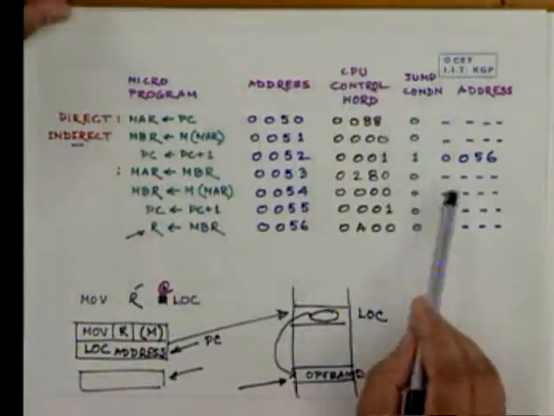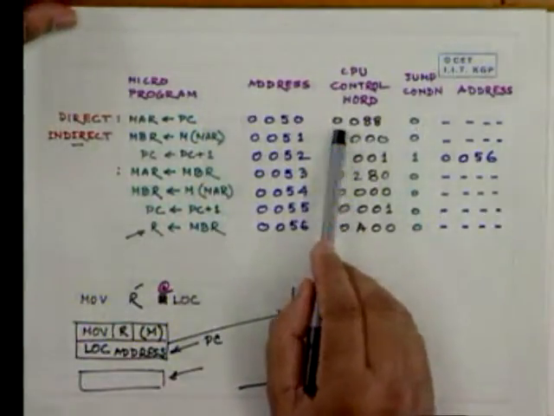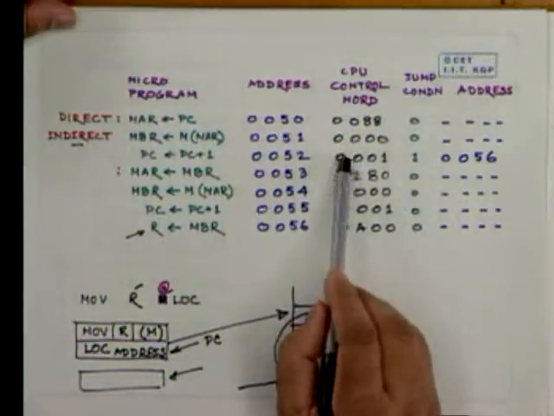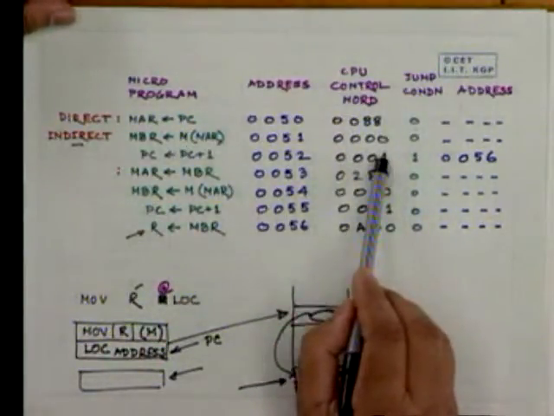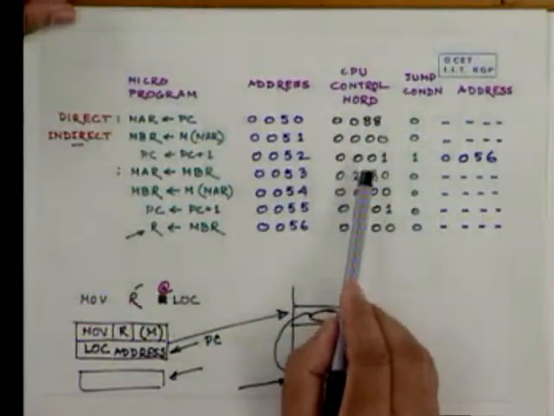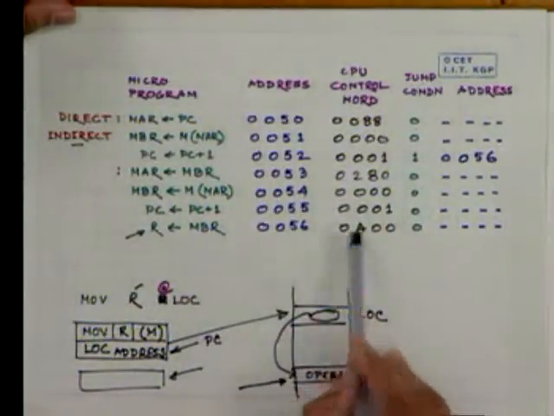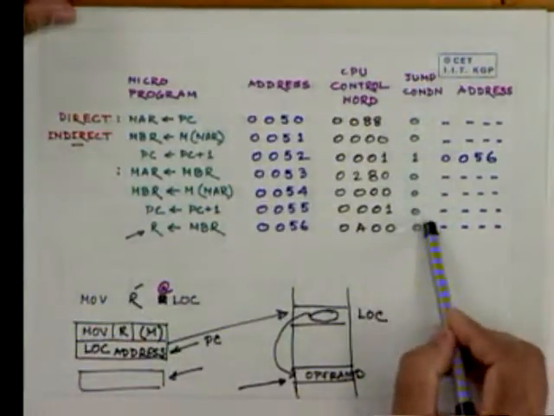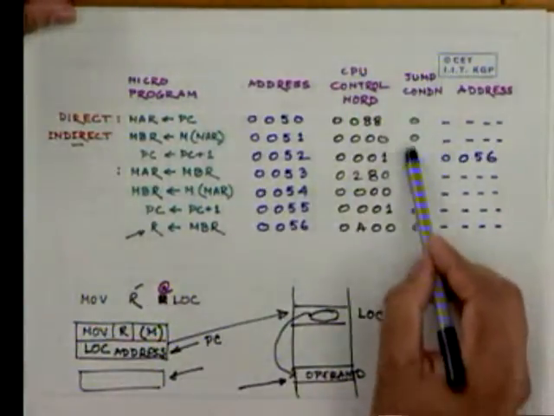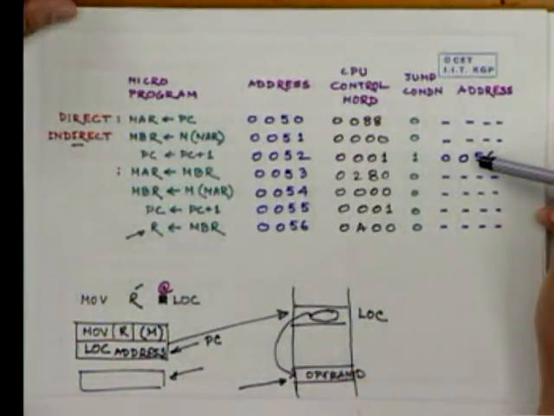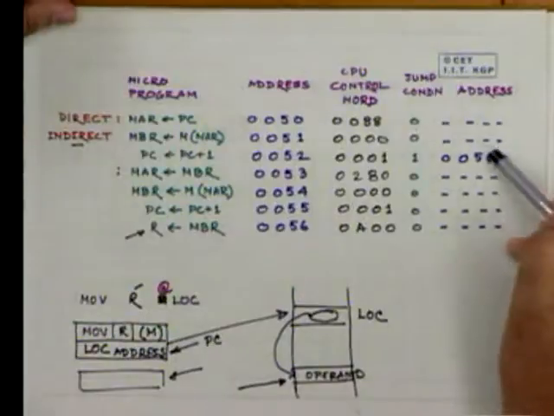Okay. Therefore, each microcontrol word consists of three fields. One is the control word which controls the gates, that means control signals that go to the control gates. Another field is a jump condition. It says on what condition the next instruction we jump to, at what location it remains.